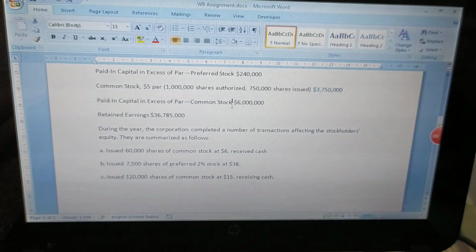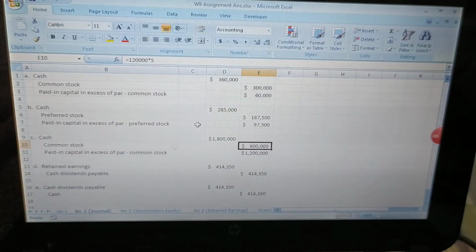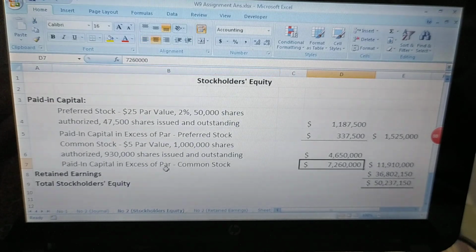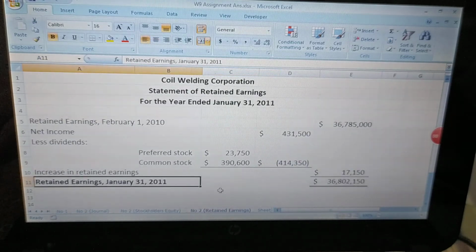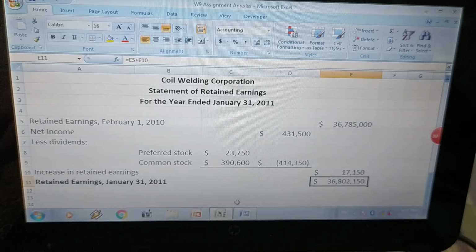You take it from the data, 6 million, and then plus from the journal entries 60,000 and 1,200,000. So in total it is 7,260,000. You sum it with the common stock, you will get $11,910,000.